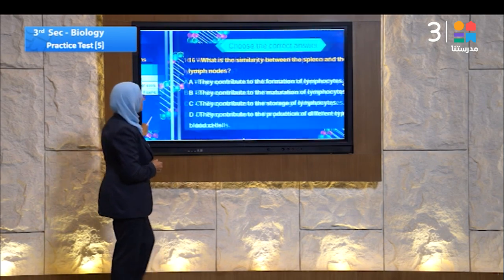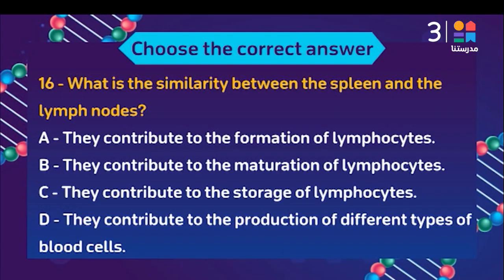Let's go to question number 16. The immunity again. The question speaks about 2 organs of the immune system. What is the similarity between the spleen and lymph nodes? The spleen is an organ in immunity, and the lymph nodes too.